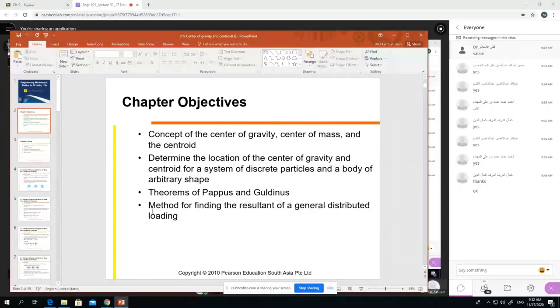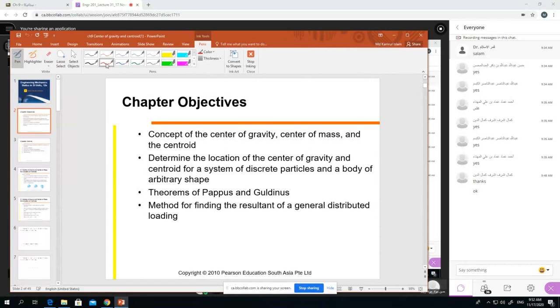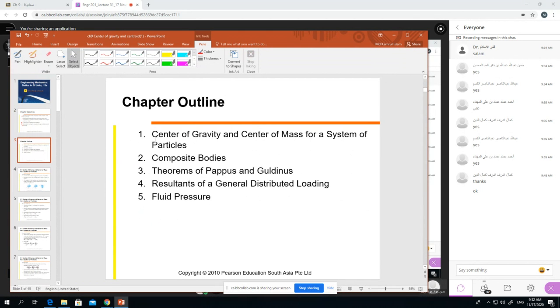Chapter 9, what will it be? Chapter 9 is center of gravity. Here we'll learn the concept of center of gravity, and we determine its location. Maybe we will skip some parts.